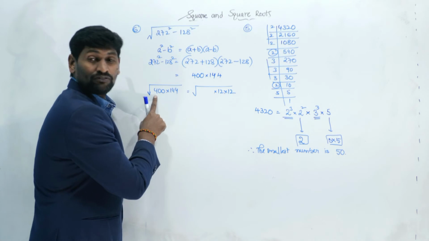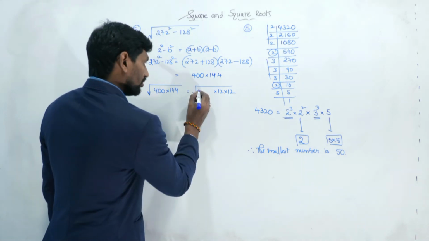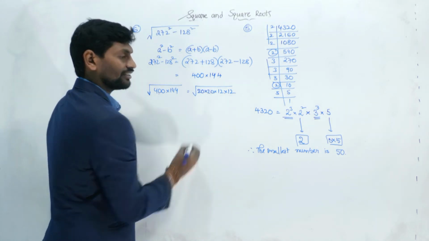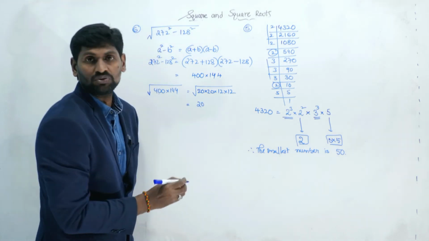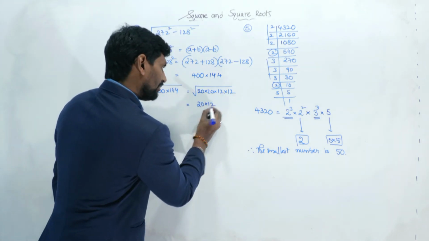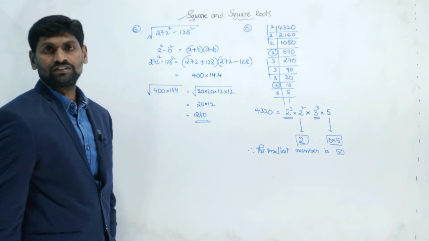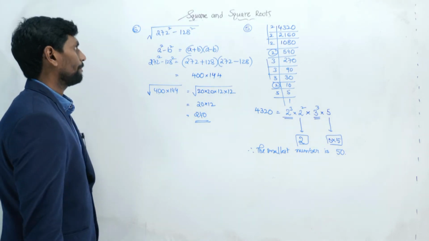And also I know that 4 is a square number, 2 2s are 4. That means here 2 zeros are there, no? 20 into 20. From these, 2 20s, 1 20 will come outside. Here 1 12 will come outside. 20 12s are 240. So the required answer is 240.